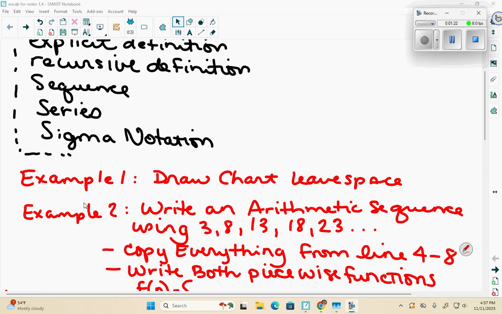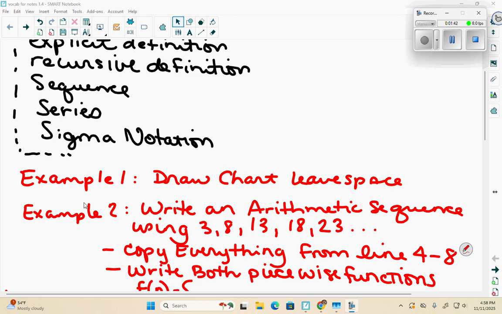Okay, and then in your book, if you are on page 32, it says copy everything from line 4 to line 8. If you count down, there's 2 lines that are in bold, then there's one that's not in bold.